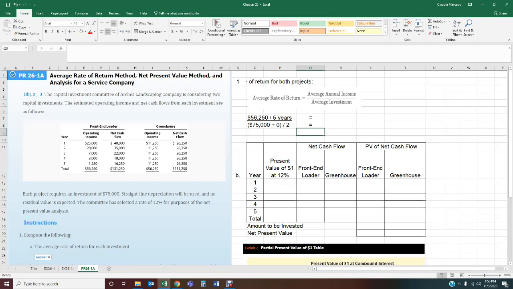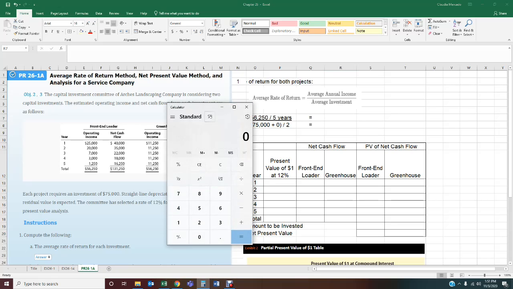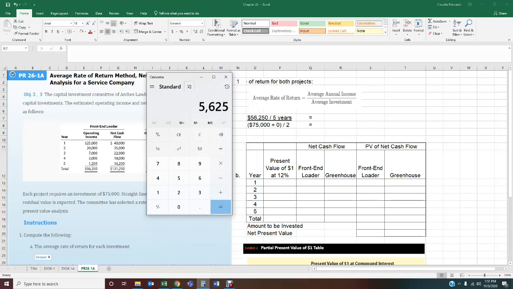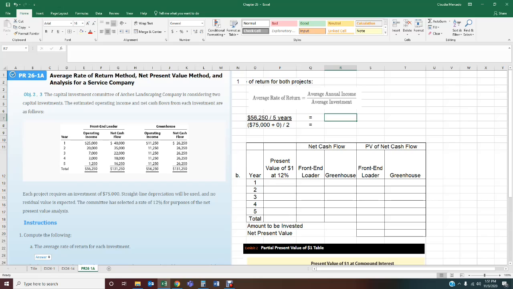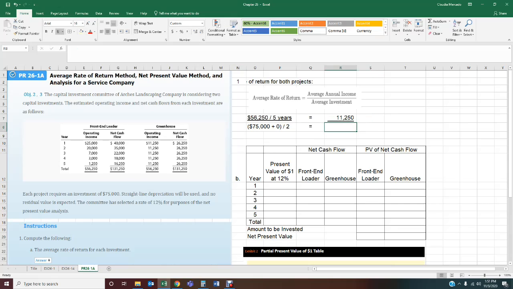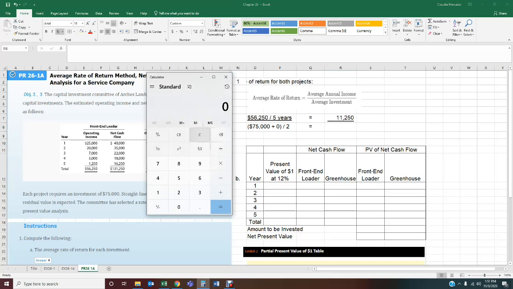Okay. So, the first component we have is $56,250 divided by 5 years. That gives me $11,250. And then I'm going to divide by, I've got 75,000 plus 0 is 75,000, and I'm going to divide by 2.